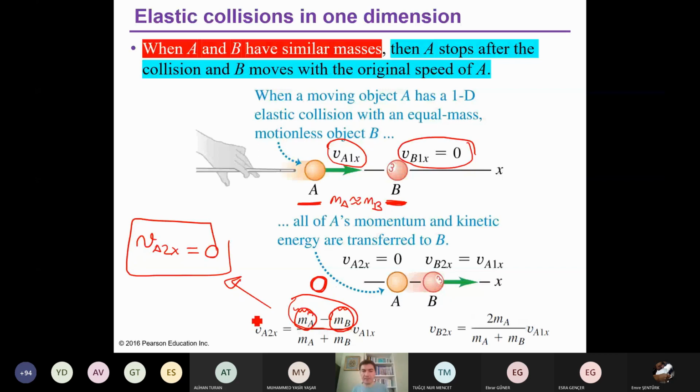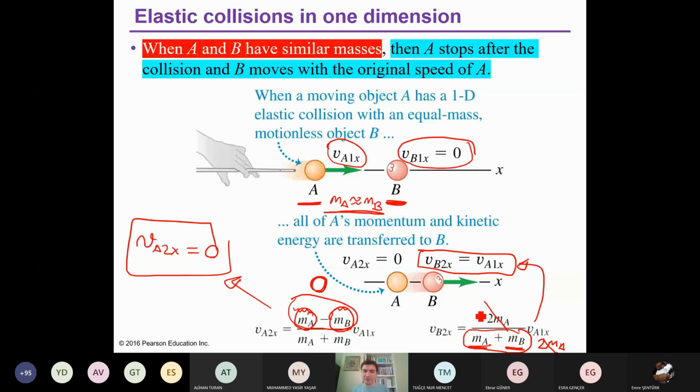Then the final velocity of the A ball after the collision will be 0, according to this relation with this condition. And let's apply this condition for the B ball. Here we have 2MA, and here we have MA plus MB. Because MA is more or less equal to MB, I can write 2MA here and 2MA here. Then the final velocity of the B ball is equal to the initial velocity of the A ball.